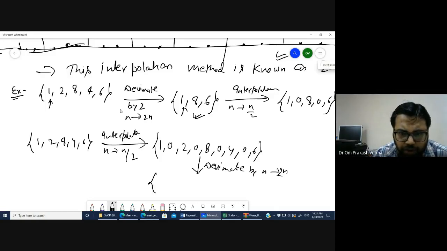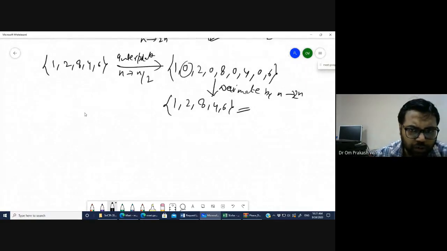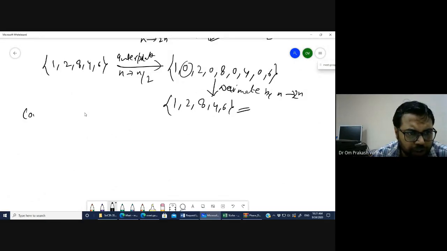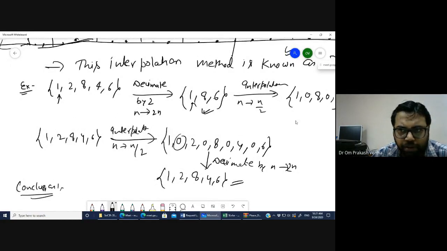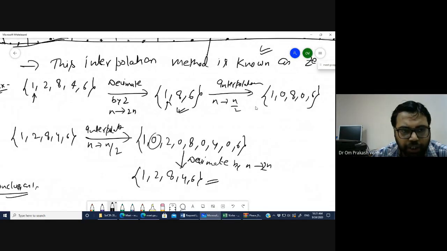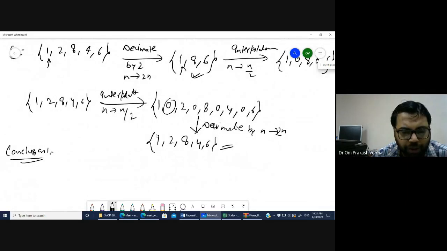How will you do it? You just have to ignore the zeros, giving 1 2 8 4 6. You will again retrieve the same signal. So you can conclude: if you first decimate and then interpolate, you can't retrieve the main signal. However, when you first interpolate and then decimate, you are able to retrieve the signal.